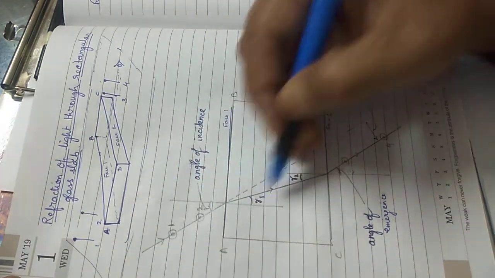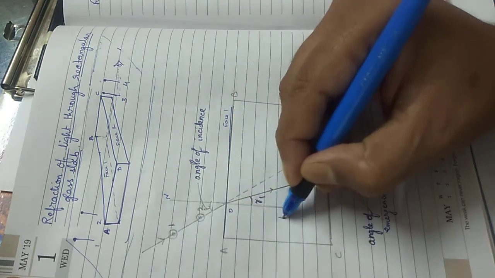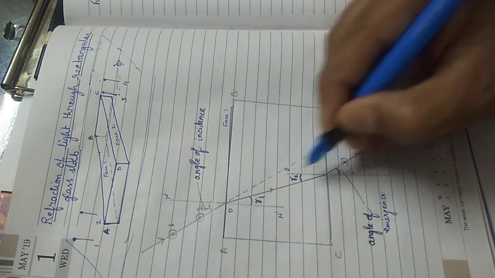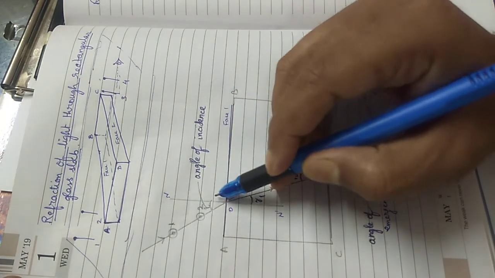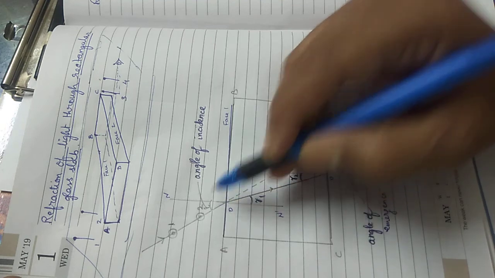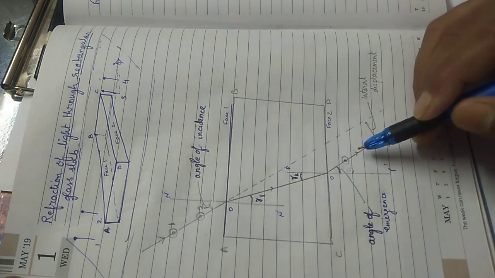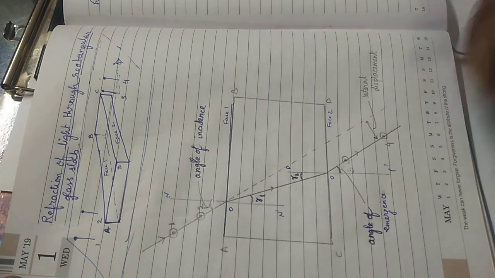This is one normal, there is another normal. Let us name this normal NON', and this normal POP'. This angle formed between the normal and the incident ray is called the angle of incidence. And this angle formed between the emergent ray and the normal is called the angle of emergence.